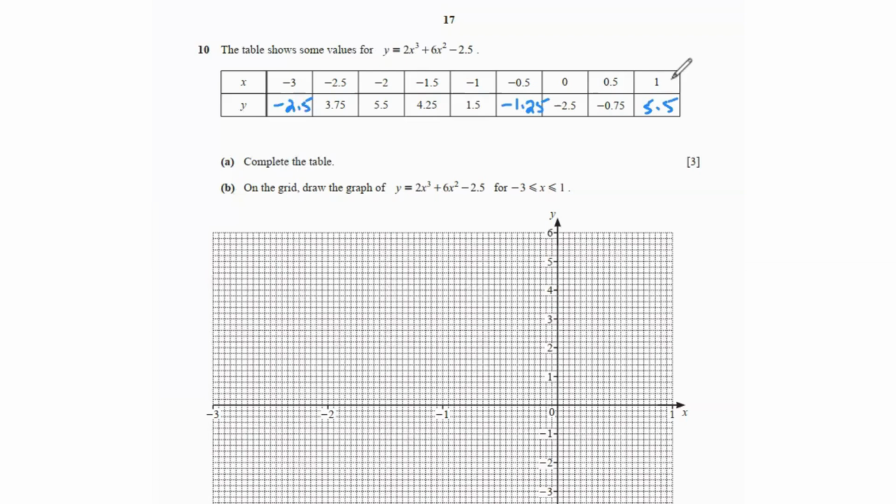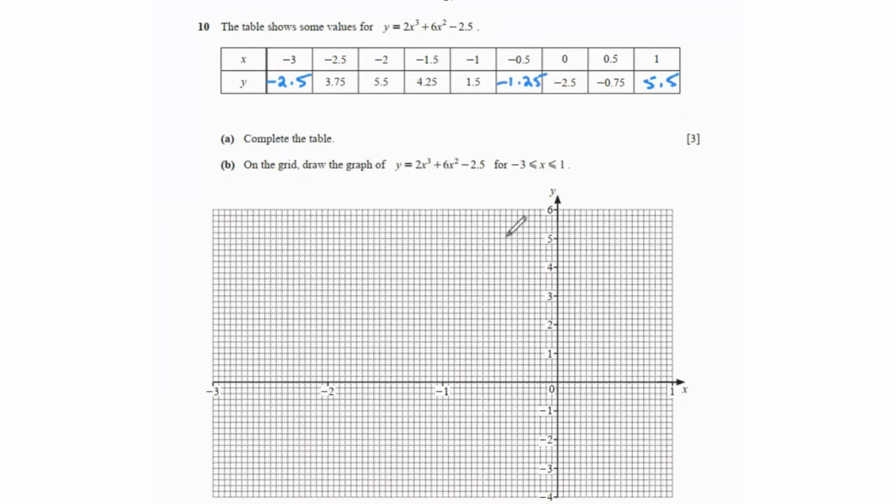So basically, I have to just plot these points on the grid below. The first point is x equals -3 and y equals -2.5. That's here, so this is our point. Then -2.5 and 3.75.